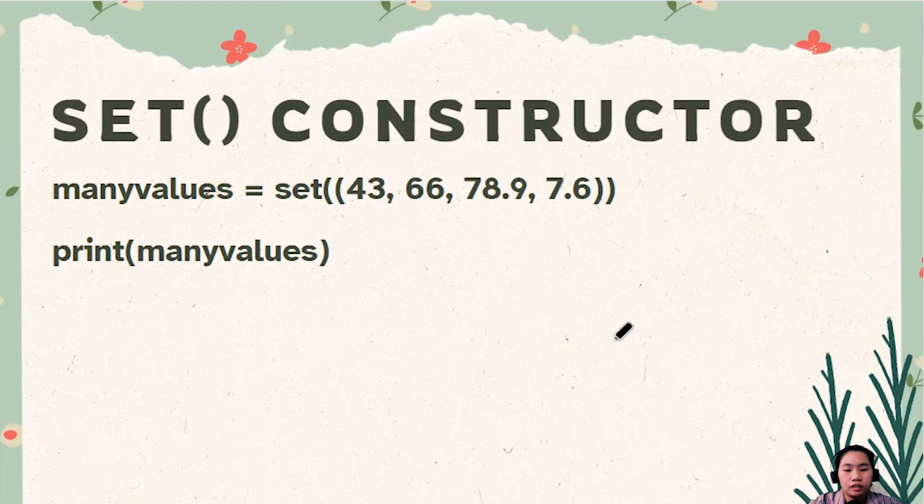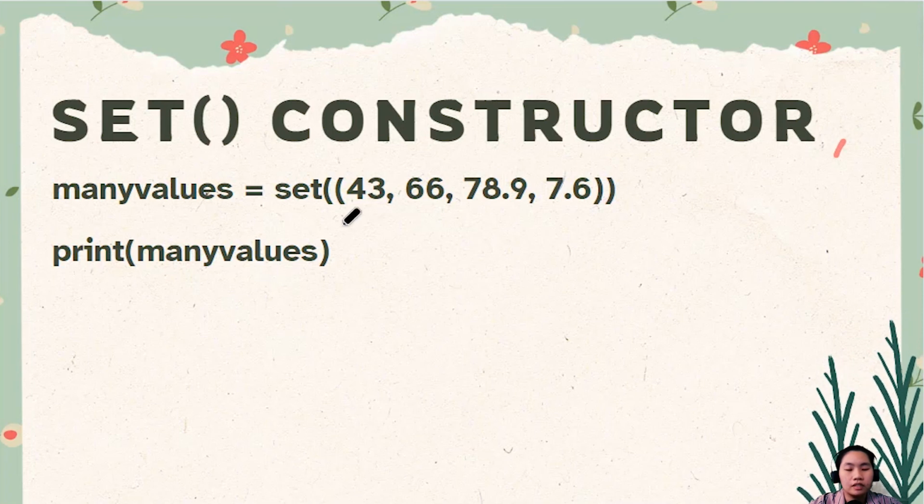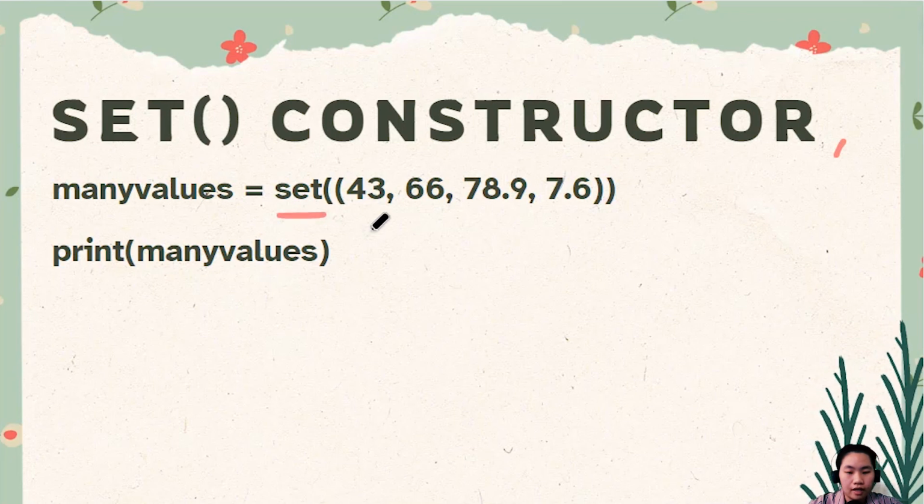Last but not least, let's look at the set constructor. This is basically a different way of declaring a set. You can use the set constructor and then put the values that you want to have in the set. But please be reminded that it is a double parenthesis.